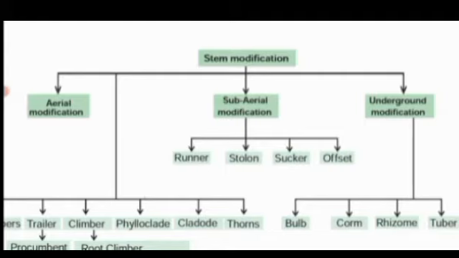Subaerial means half of the stem is modified: half of the stem is above the soil and half is below. That is called a subaerial modification. Underground modification is a modification seen in the underground region. Aerial modification, subaerial modification and underground modification.